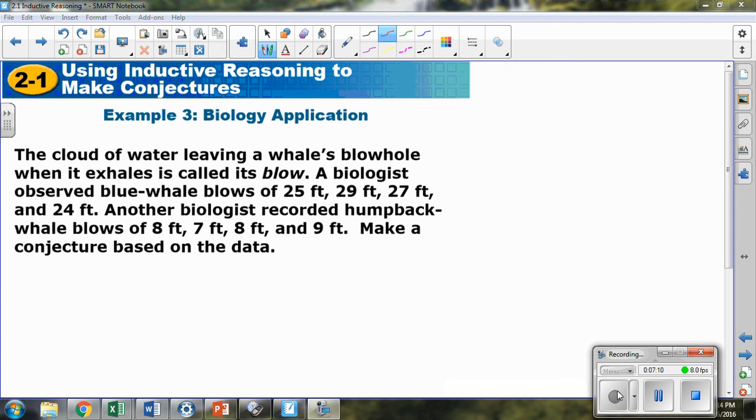A cloud of water leaving a whale's blowhole when it exhales is called its blow. A biologist observed blue whale blows of 25 feet, 29 feet, 27, and 24 feet. Another biologist recorded humpback whale blows of 8 feet, 7 feet, 8 feet, 9 feet. Using your boards, make a conjecture. And I'll pause the video here.